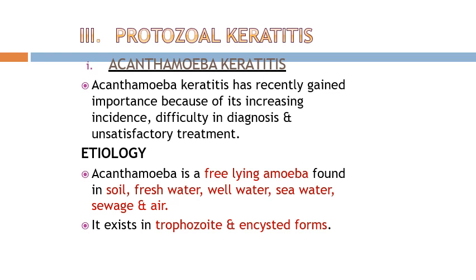This acanthamoeba is a free-living amoeba found in soil, fresh water, even well water, sea water and sewage. So people who use dirty water can also get affected by acanthamoeba keratitis. It mainly exists in two forms. One is the active form, that is the trophozoite form, and the other is the encysted form.